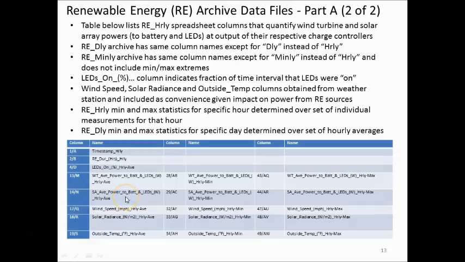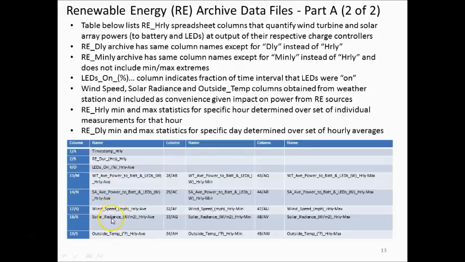The table on this slide lists the subset of the renewable energy archive data files that are specific to the delivery of the wind turbine power and the solar array power from their respective charge controllers to the battery and the LEDs. The LED's on percent is included because the on-off state of the LEDs will have impact on the power output.